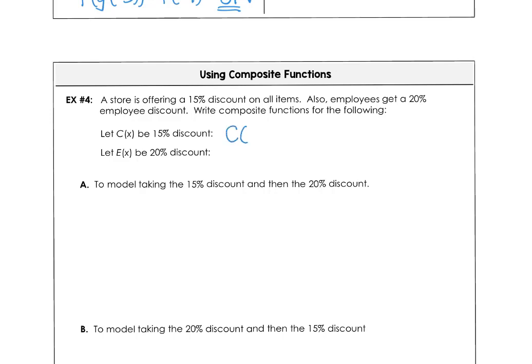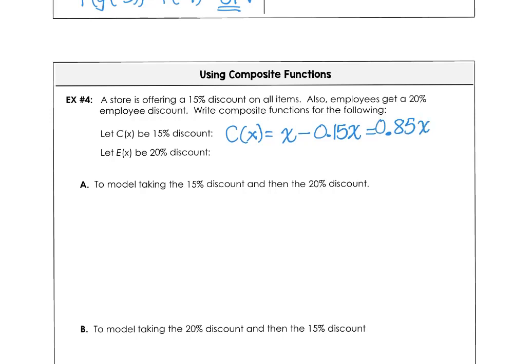So C of X is whatever the price of an item is, and we're going to take off 15% of the price of that item. So I'm letting X represent the price of some purchased item. So we have 1 minus 0.15, that's going to be 0.85 of the price of the item.